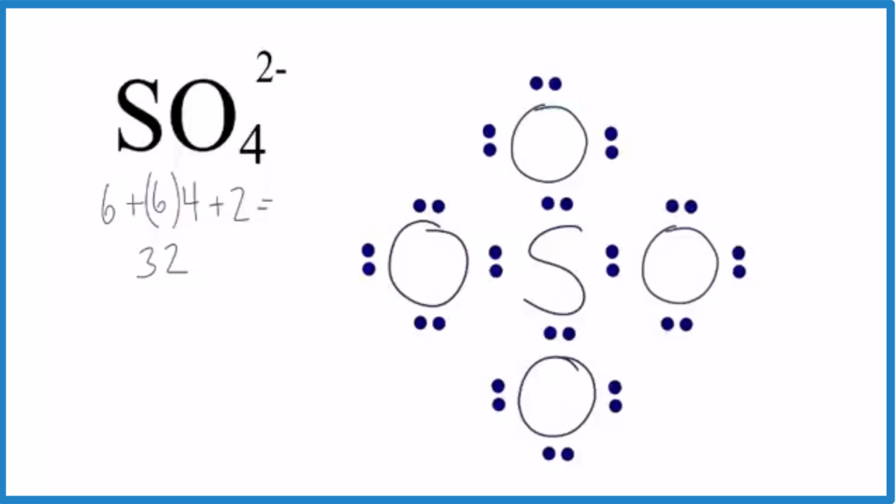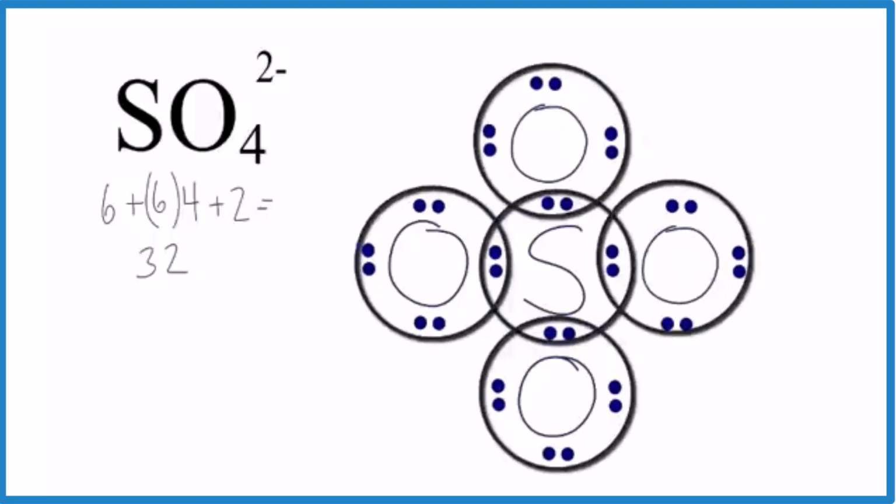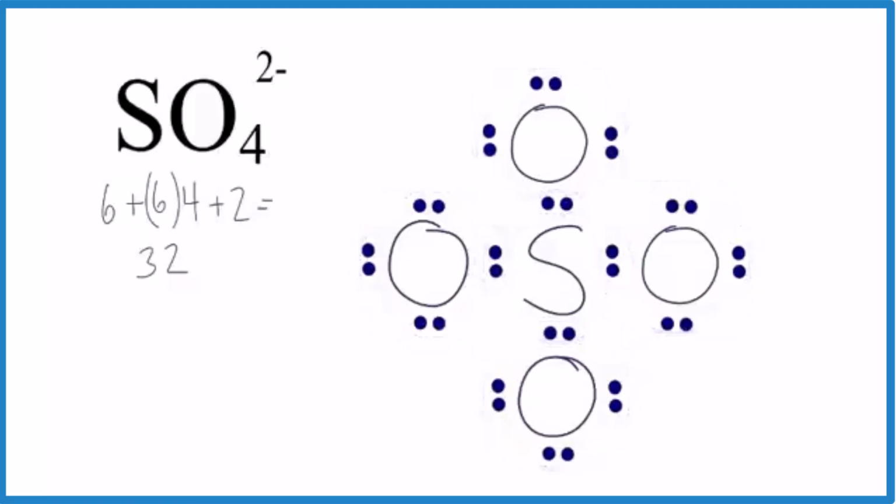Whew, that was a lot of electrons. If we add all of these electrons up, you'll see that we've used 32 valence electrons. The sulfur has an octet, as do all of the oxygen atoms. It looks like we're done with this Lewis structure. Everything has octets. We've used all the valence electrons. It's all good, right?